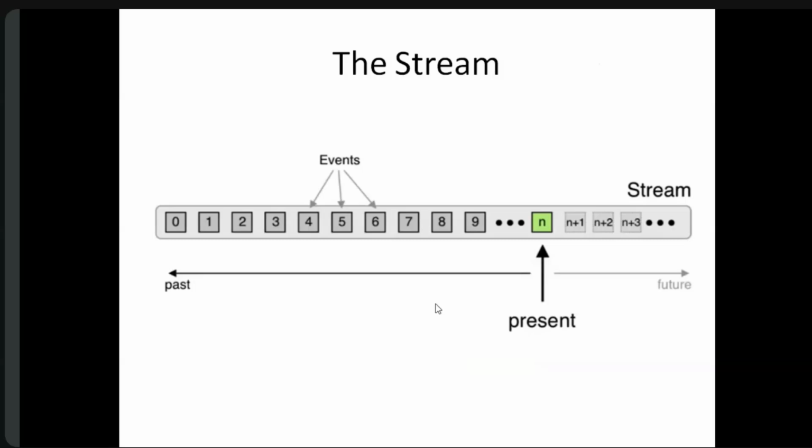Now, whenever read or write happens, the lesser number shows the past data, and the greater number shows the current, recent data. So number 0 is the first or past data, and number n is the present data, and n plus 1, n plus 2, n plus 3 will be written in the future, obviously.